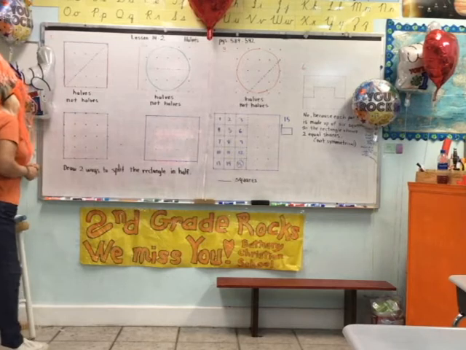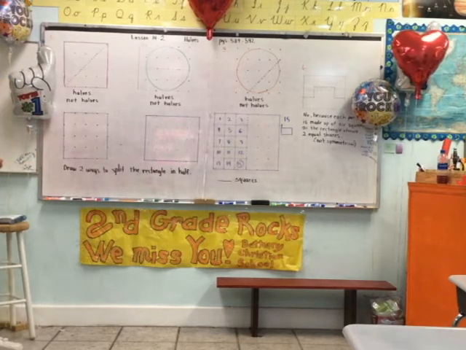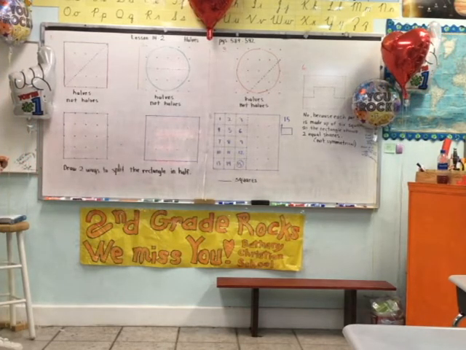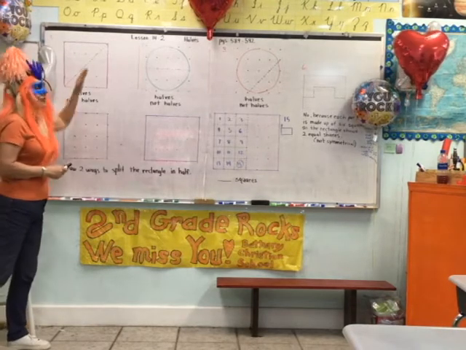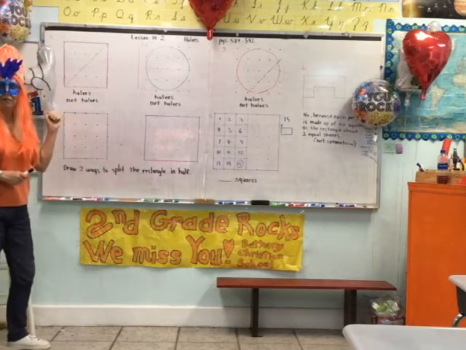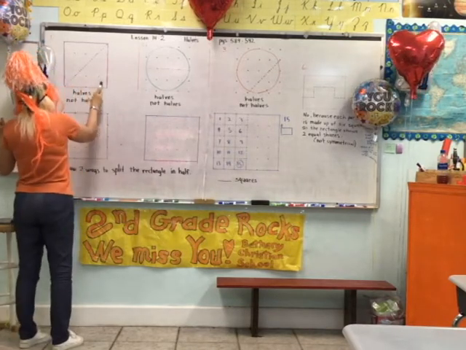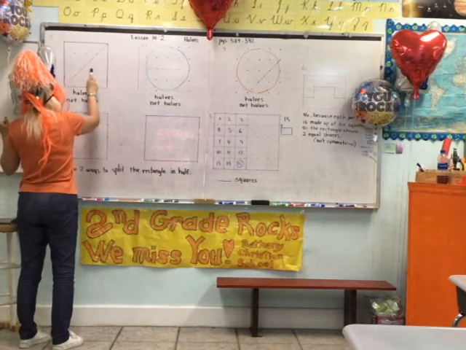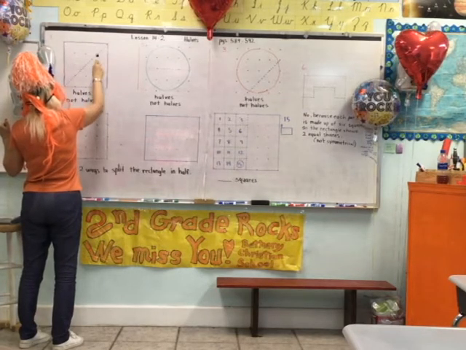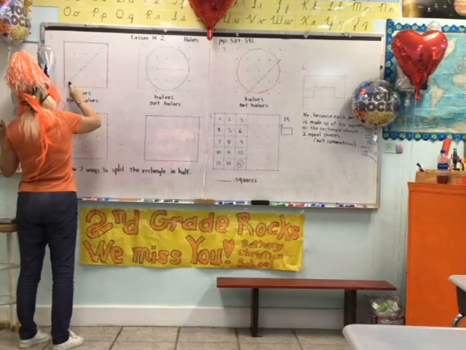Okay, now, let's look at the first one. This one has a rectangle, or you may say a square, because it's 4, 4, and 4. And you look at it, and the dot, dot, dot goes diagonally. Is there the same amount in each side? Yes. And you know that because you have 1, 2, 3, 4, 5, 6, and then these 2 together are 7, these 2 together are 8.